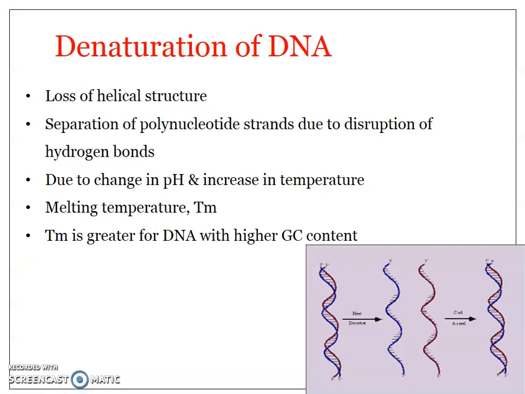The next concept we have is the melting temperature. Melting temperature, or Tm, is defined as the temperature at which half of the DNA helices are lost. Just imagine a system having 10 DNA duplexes, and the temperature of the system is being increased.